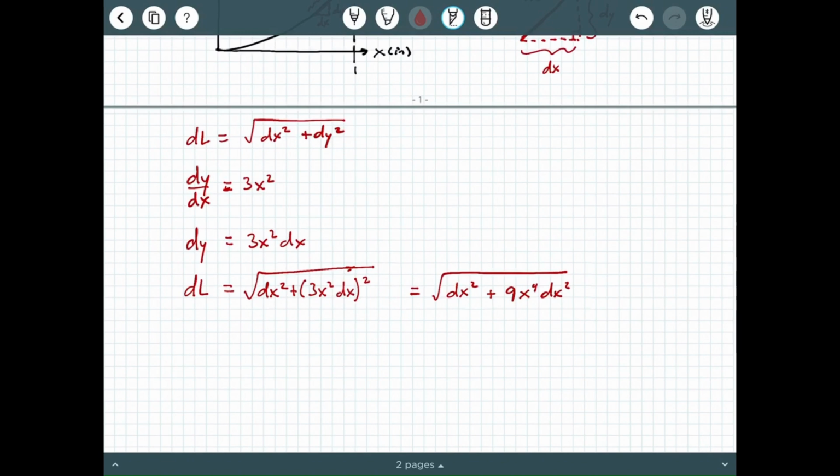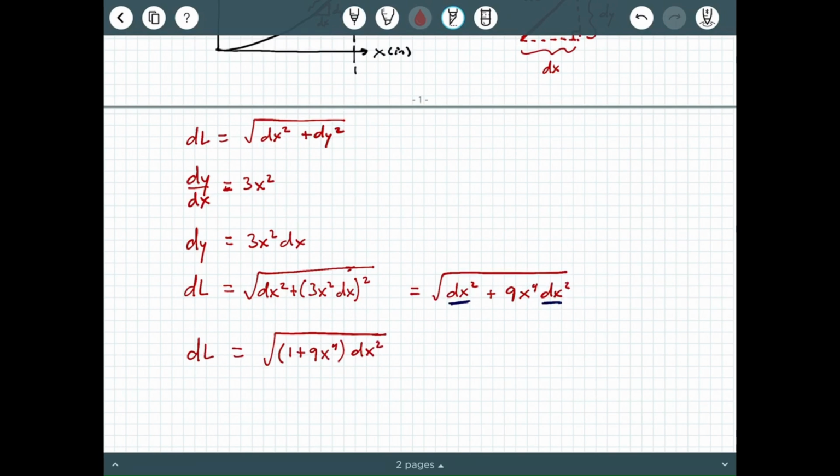Now I'm going to do a little bit of algebra. Hopefully it's not too complicated, but notice that I have like terms inside of this radical. I have a dx squared in each of the terms in the radical, all right? So watch what I can do now. I can say dl equals the square root of the quantity 1 plus 9x to the fourth, and then dx squared outside of the parentheses, but still under the square root for now.